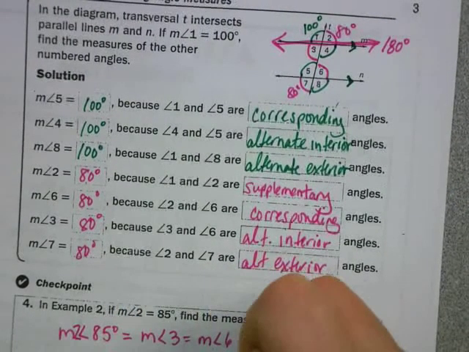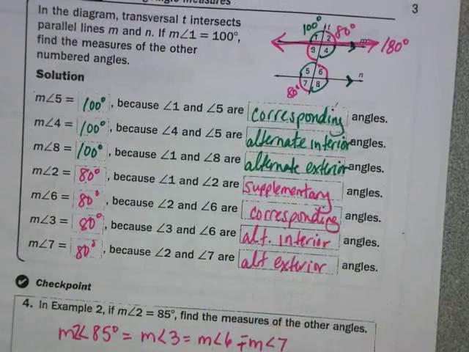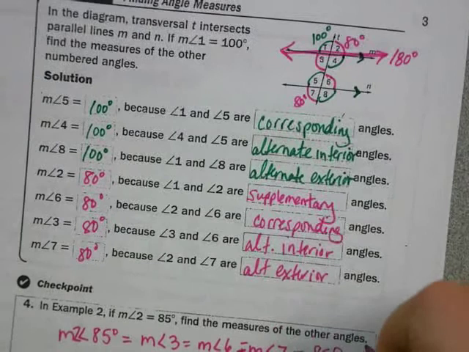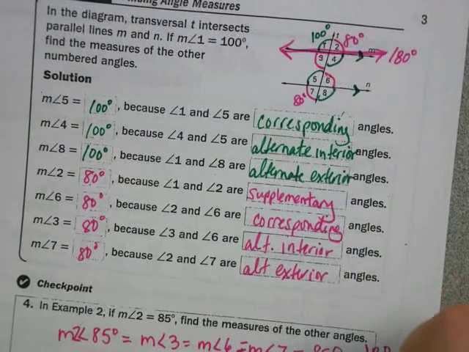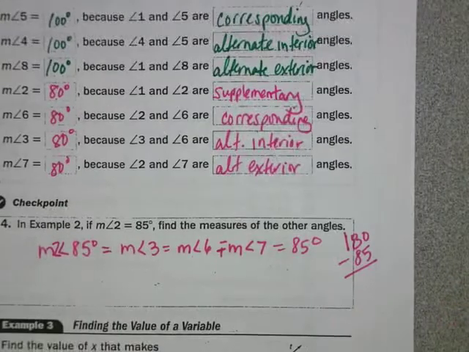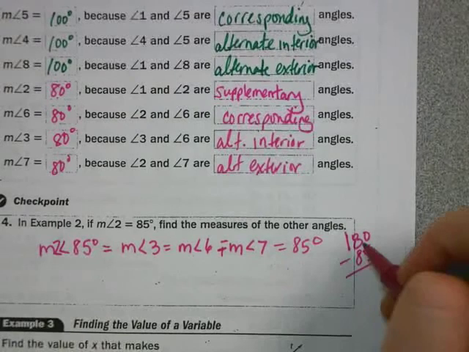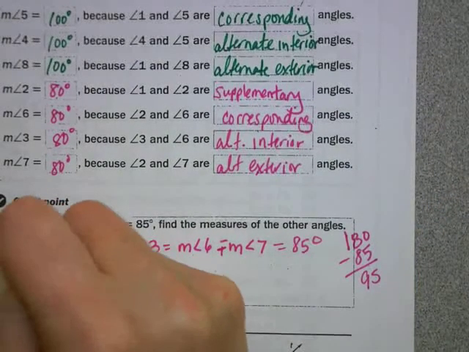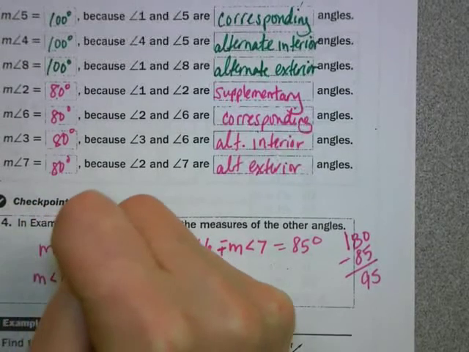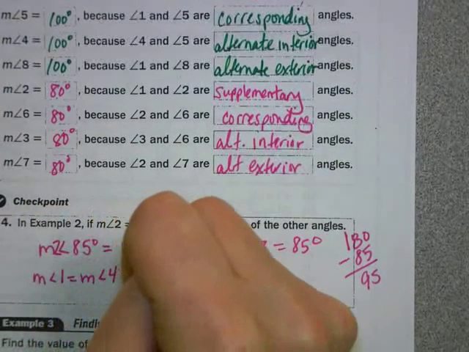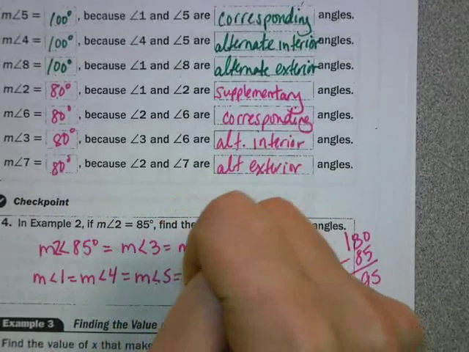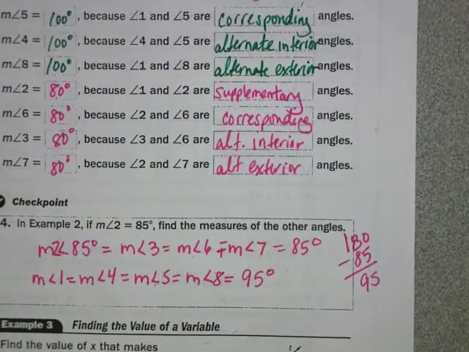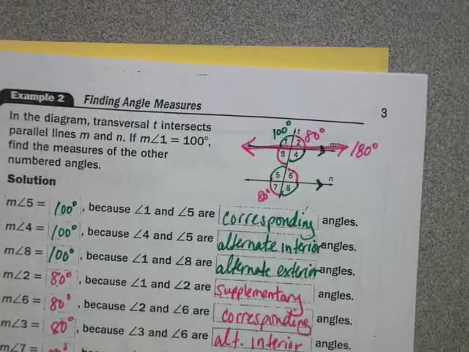They're all 85 degrees. So then we would do 180 minus 85. So if it was just minus 80, it would be 100, but it's minus 85, so that's 95. So then the measure of angle 1 equals the measure of angle 4, which equals the measure of angle 5, and one more, angle 8. They are all 95 degrees. So I only gave one measurement for that entire picture, and we were able to figure out all of the other angles. So that's kind of cool.